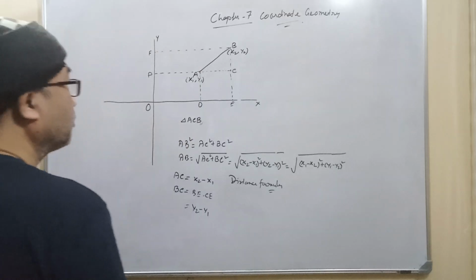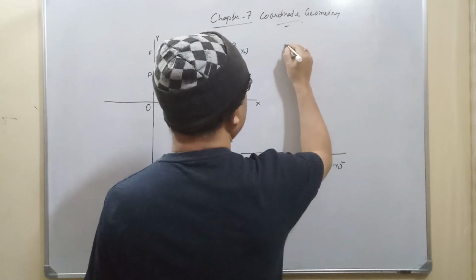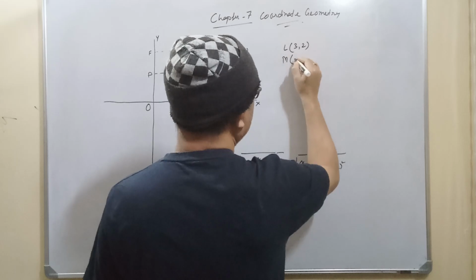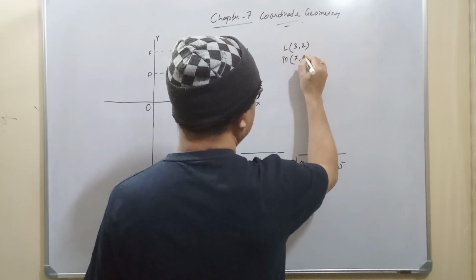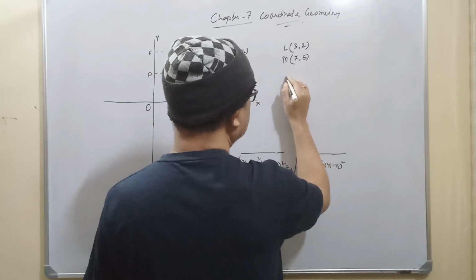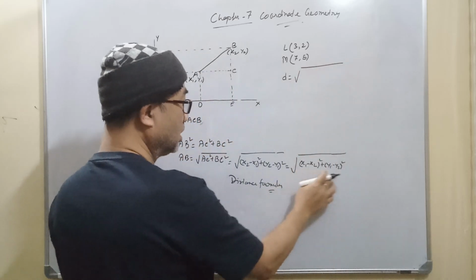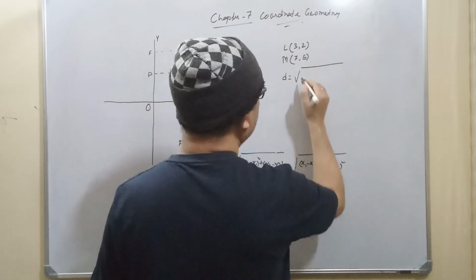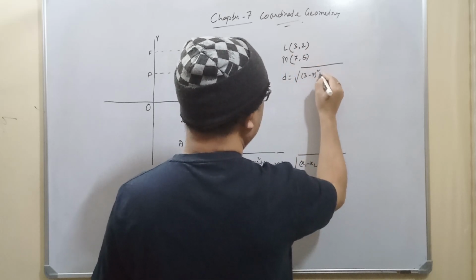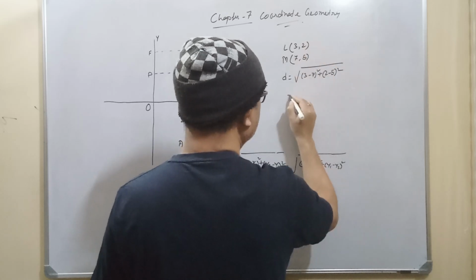Okay. So for example, if we have 2 points like this, what will be the distance between the 2 points? Let D denote the distance. Then, applying this formula, it will be equal to the square root of 3 minus 7 whole square plus 2 minus 5 whole square.